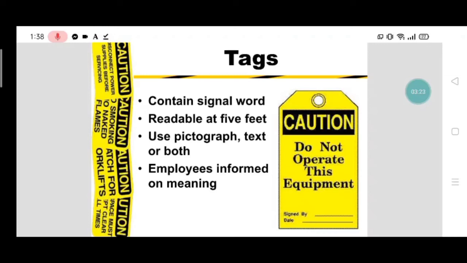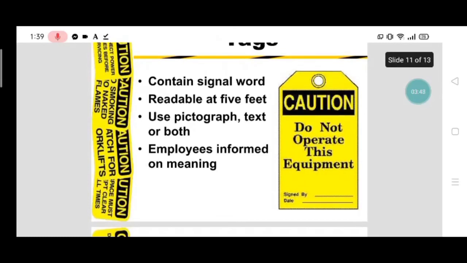So meaning, you cannot touch that specific machine or specific vehicle. They contain a signal word, are readable at 5 feet, and use pictograph, text, or both. So, employers inform workers on the meaning.